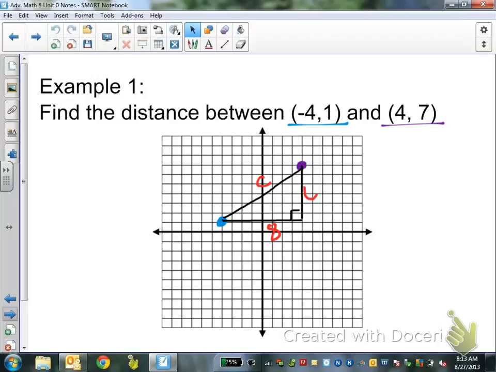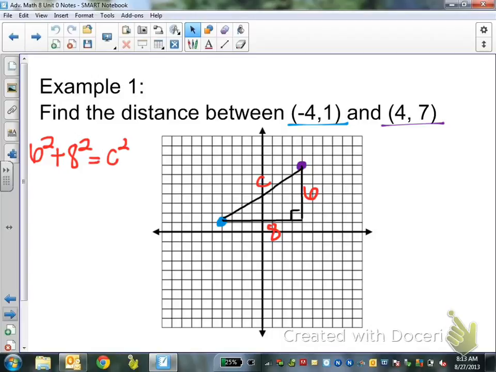So that one is 6. So our 2 legs are 8 and 6. Let's use the Pythagorean theorem to find the distance between those 2 points, which is C, our hypotenuse. So that's going to be 6 squared plus 8 squared equals C squared.